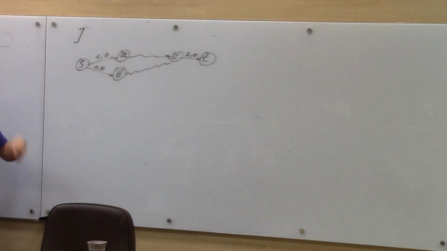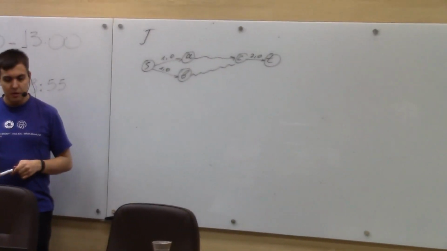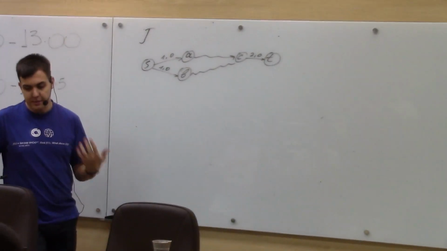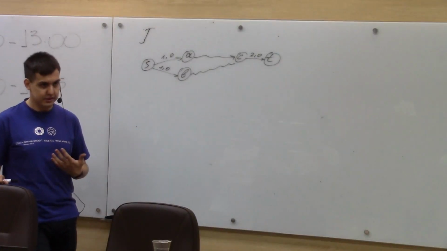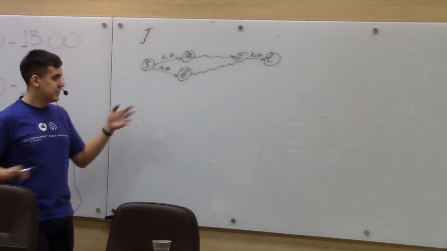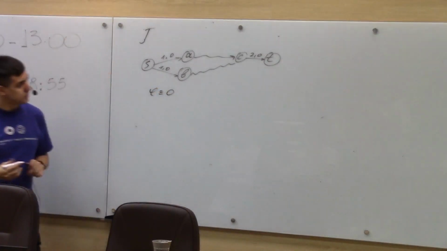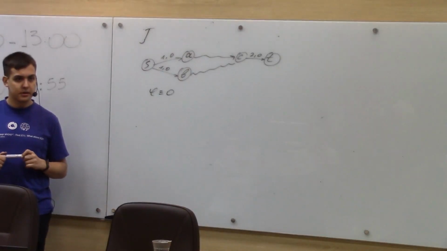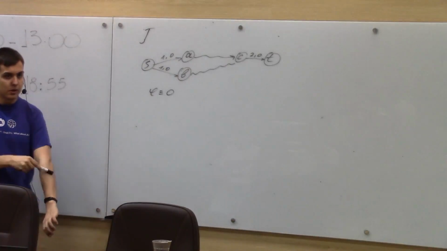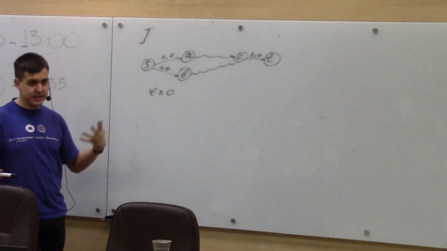Now we want to push 2 units of flow from S to T. Well, the number of vertices and the number of edges is very large, so we'll have to use potentials here. Initially, we can use the potential function to be just 0.